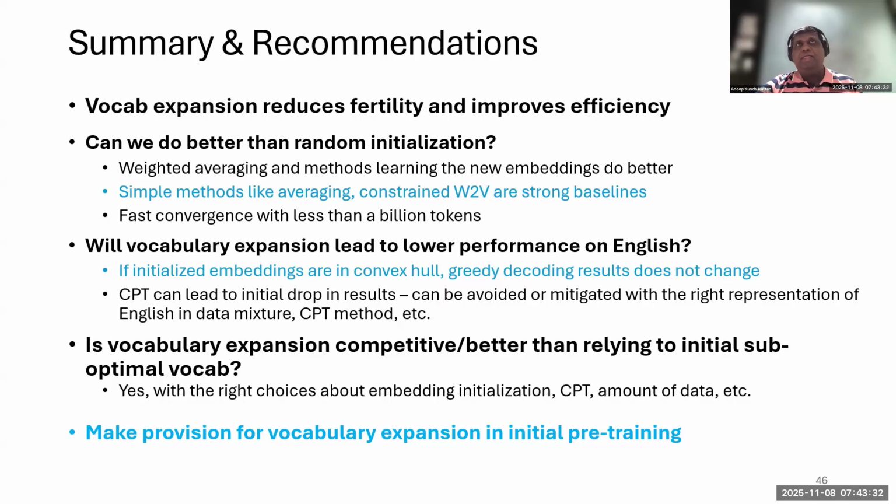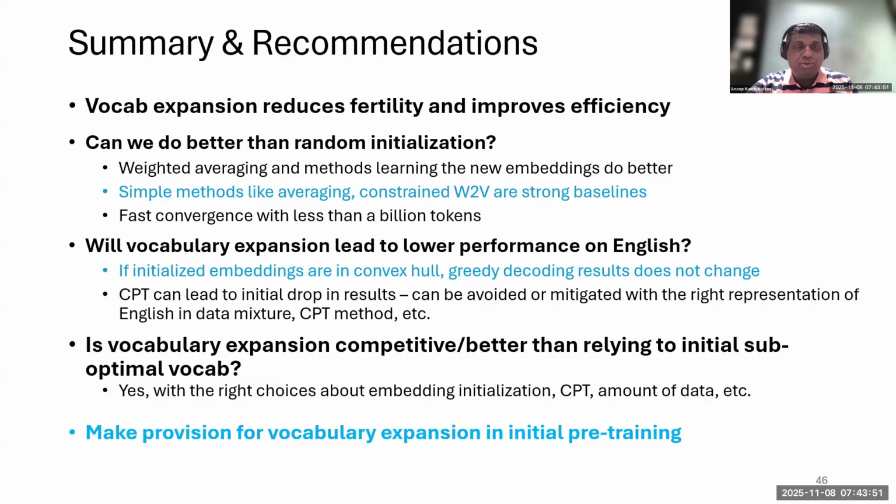Finally, the question is, suppose I am willing to live with the suboptimal vocab with high fertility, but still fine tune on the suboptimal vocab. Do I get better results with that? Maybe you do, because that suboptimal vocab is still kind of well aligned to the network.